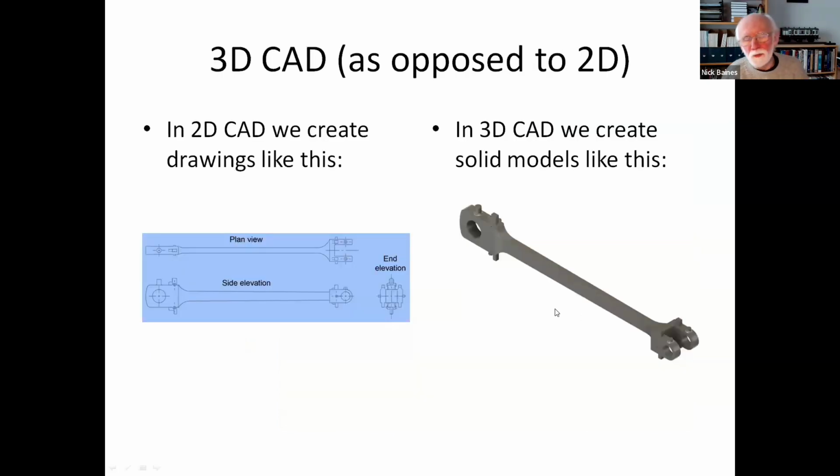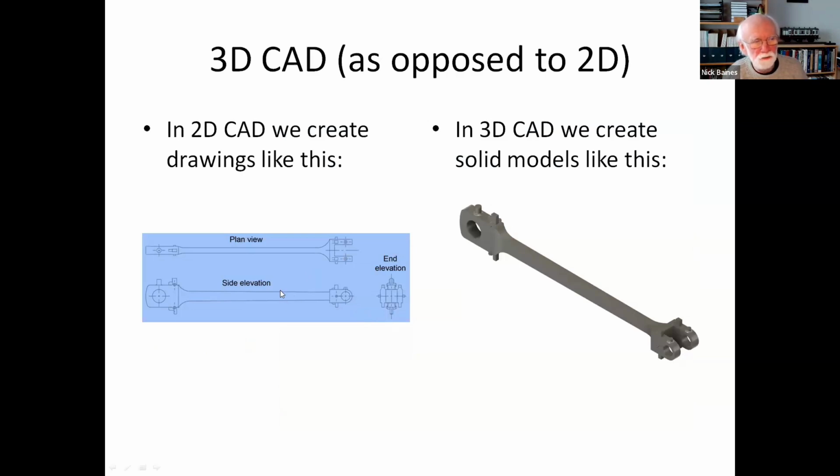Now, when we move from there to 3D CAD, the difference is right from the very start. The difference is in the approach. When you do 2D CAD, you're essentially replicating the manual process.